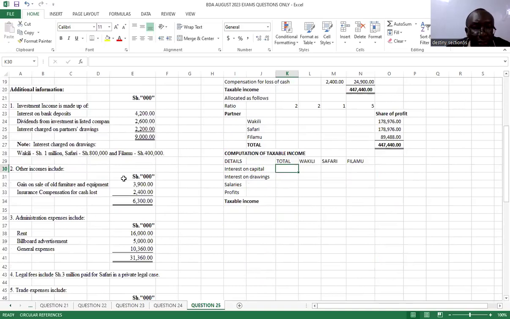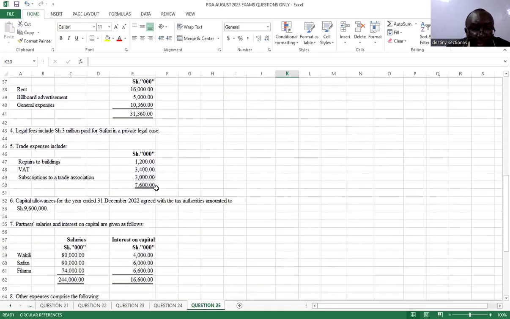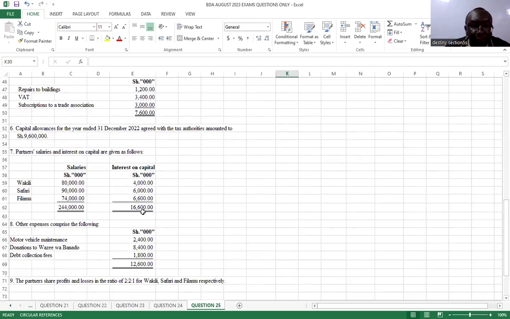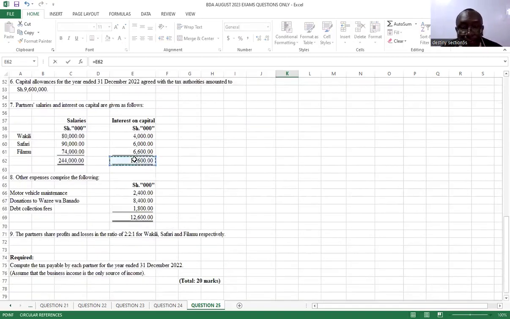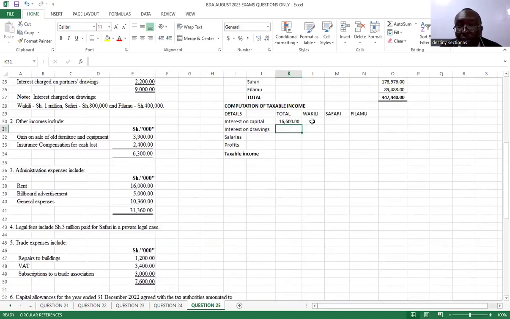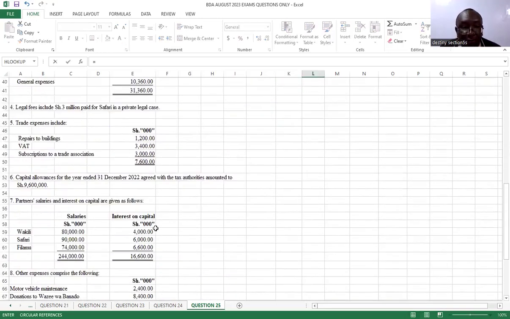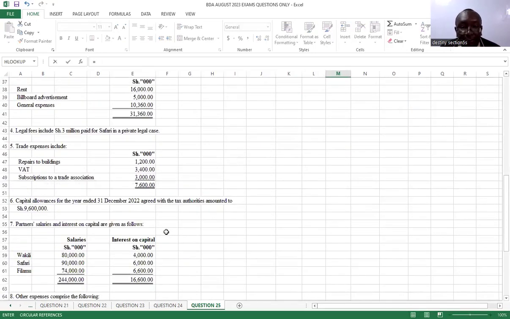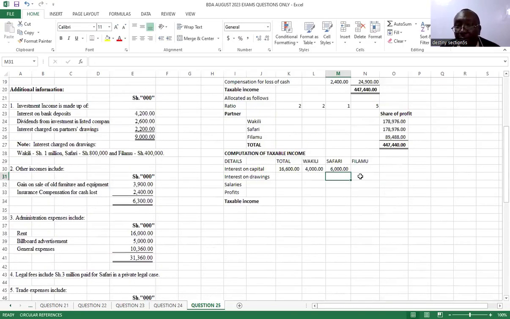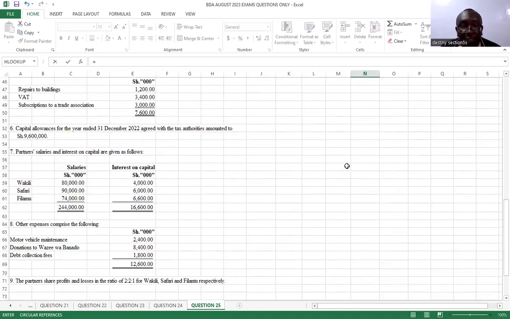Where was it mentioned? Yes, this one. Interest on capital, 16. So it is this amount equals, we are picking this one. For Wakili, it is already divided for us. So we enter. For Safari, it is already done. For Firamu, it is already done.